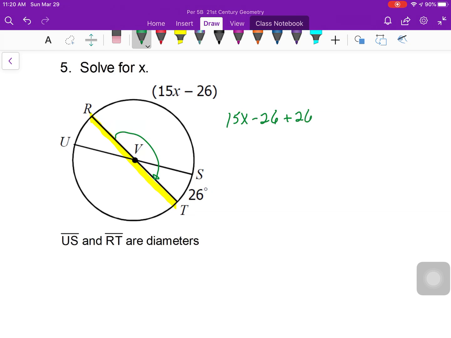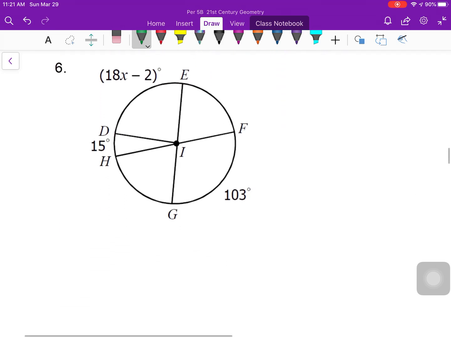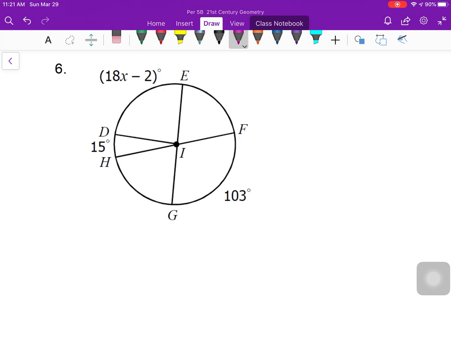So I have 15x minus 26 plus 26 equals 180 degrees. So that really gives me 15x equals 180 degrees. 180 divided by 15, x equals 12. And it's because of the diameter that we had there.